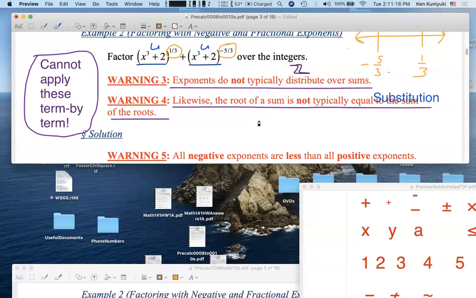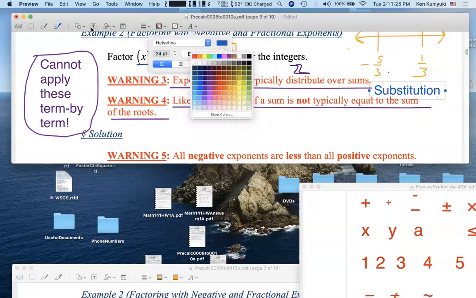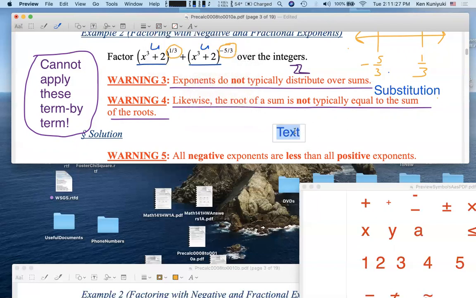So two ideas here. I'm going to apply a substitution. I'm going to substitute x cubed plus 2 with u, and I should state what my substitution is.